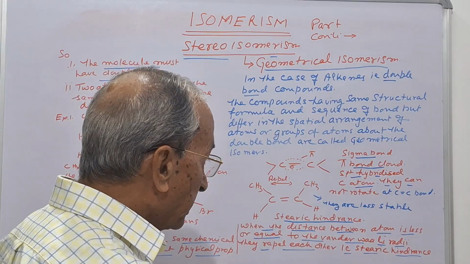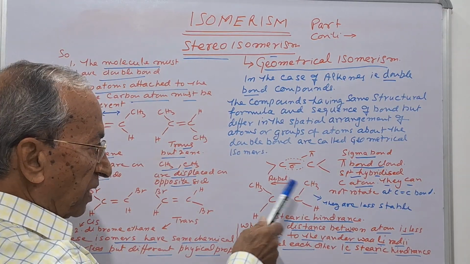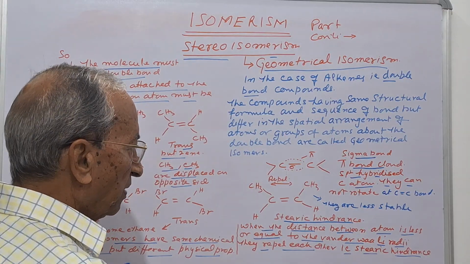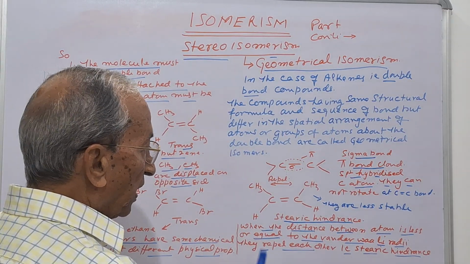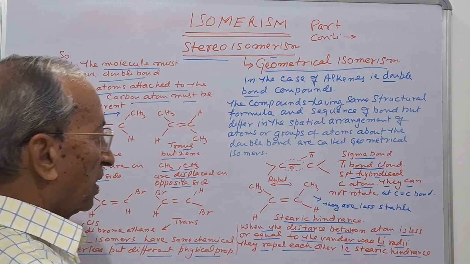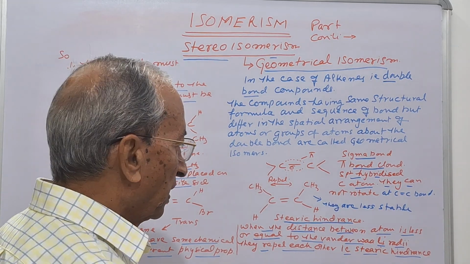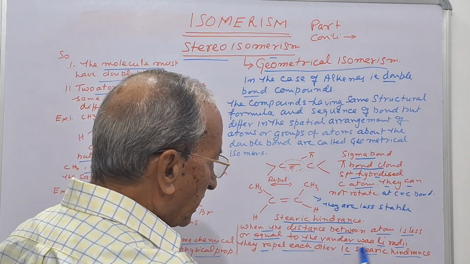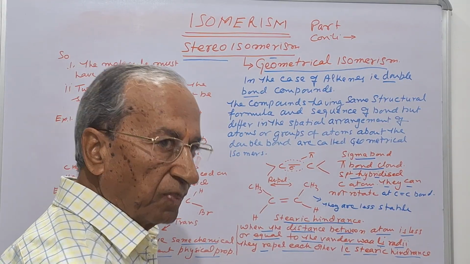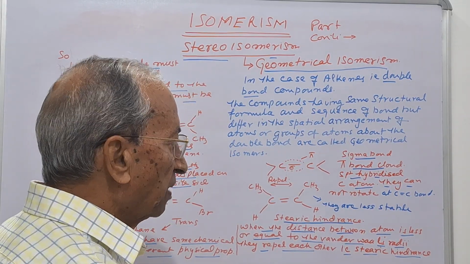Due to steric hindrance, rotation at the carbon atom was not possible, and it was found that as the number of molecules on the carbon atom increases, this steric hindrance increases and that becomes more or less stable as compared to the other.